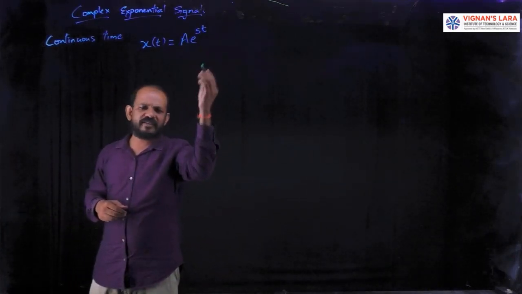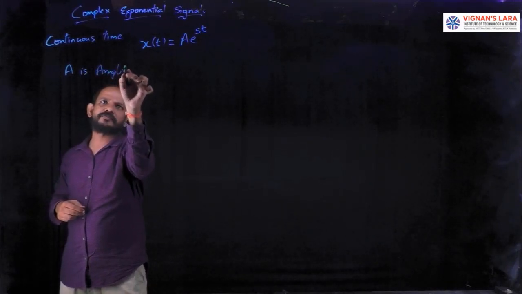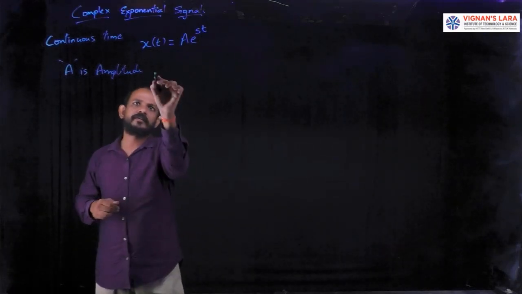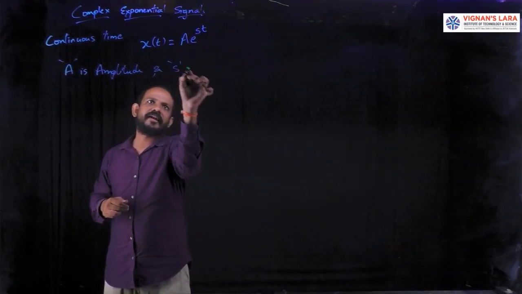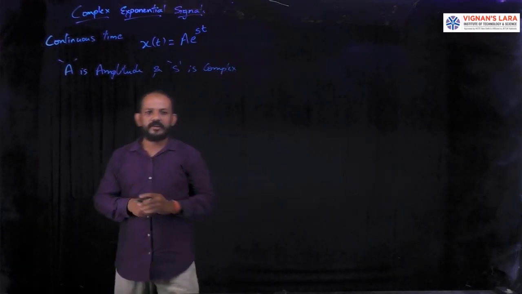Here A is amplitude, same as before, and s is a complex variable.